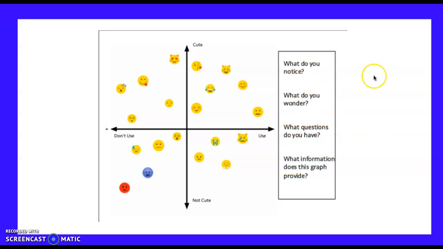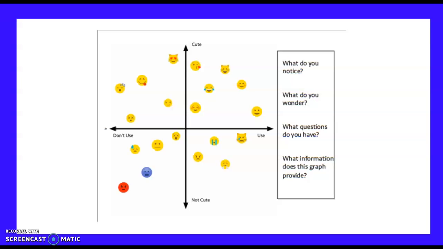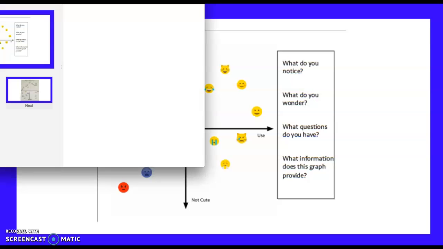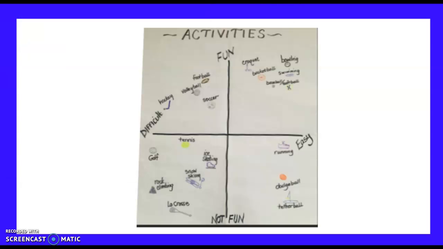Now what I'd like you to do is think about something else that you could make a graph of. Another idea that you could use if you wanted to is an activities graph.